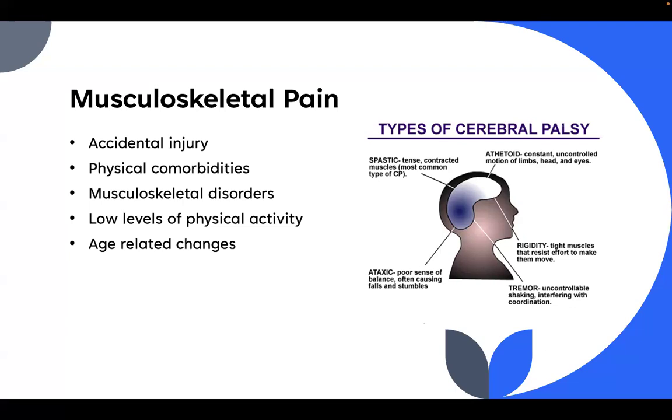They might have an increased risk of accidental injury. Some individuals have reduced involvement in health decision-making, more physical comorbidities, greater musculoskeletal disorders. We might run into low levels of physical activity, reduced use of pain management services. And then there are also the normal age-related changes associated with life expectancy.